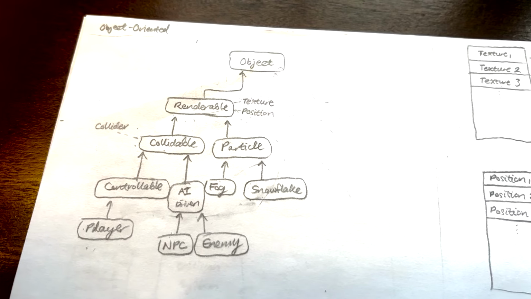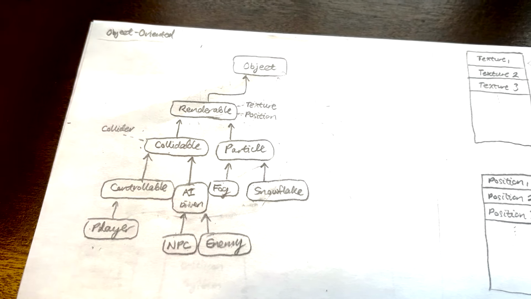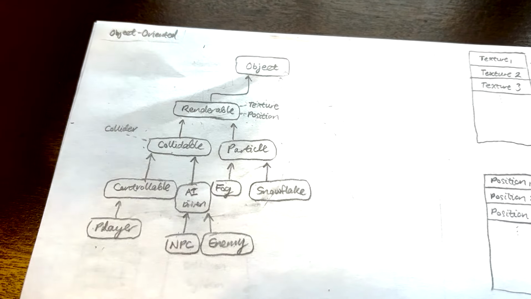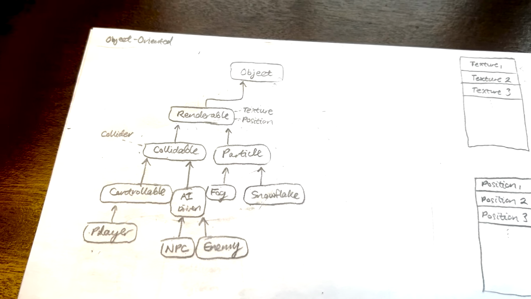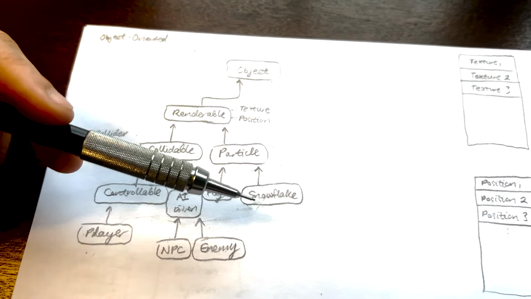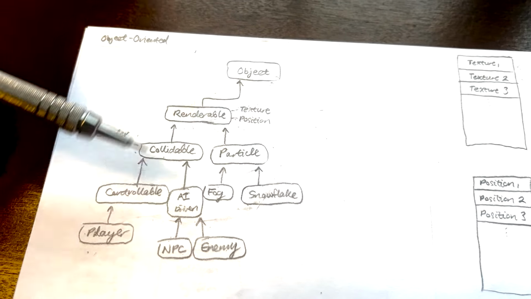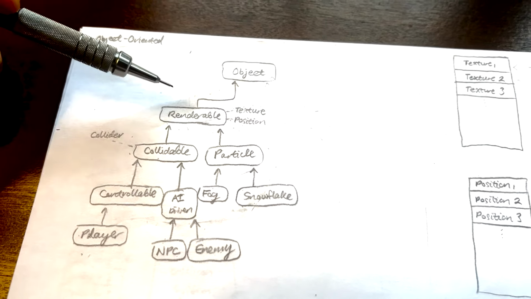I cleaned up the object-oriented diagram so we can talk about ECS. The issue with object-oriented is basically that we didn't separate the object from the attribute. As you can see, the game objects player, NPC, enemy, fog, and snowflake are all part of the object-oriented hierarchy, as are their attributes, right? Controllable, collidable, renderable.